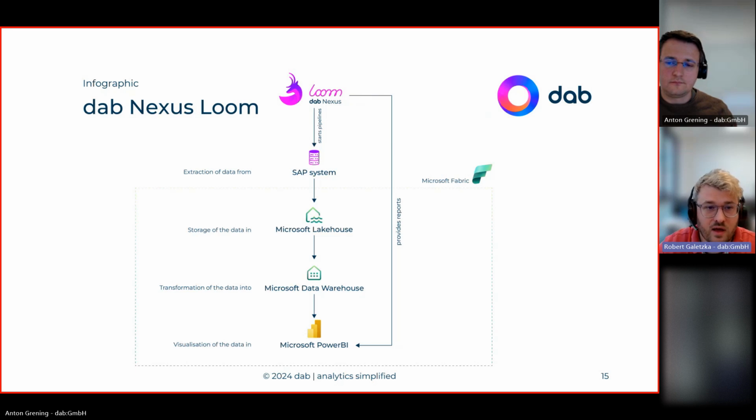But what we are working on as well is a more, I would say, state-of-the-art solution. It is a small tool called a data gateway. You can imagine that it is installed locally in your network, pulls the data out of your SAP and sends it to your organization on Loom.